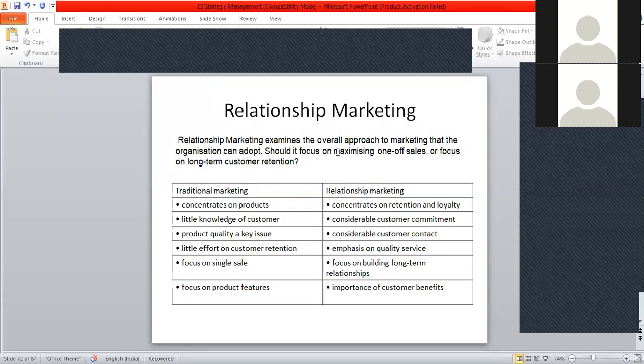They are contacting the customers through phone, through internet, through various other platforms like social media. Through them also, a contact is maintained, and it emphasizes quality service. Quality service focuses on building long-term relationships.